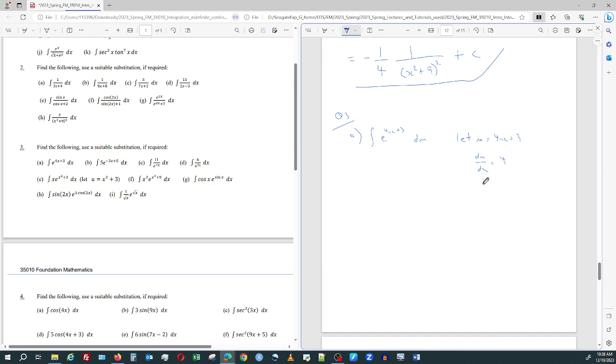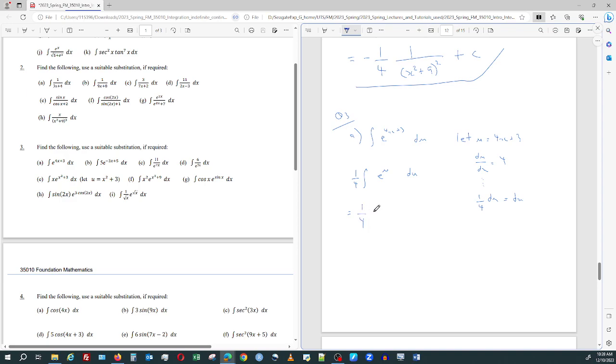So after a few manipulation steps, we get 1/4 du is equal to dx. That's the substantive substitution we're going to make. So now dx is gone, and 1/4 du comes in its place, and now this is the trivial substitution, and of course that's the one we love.